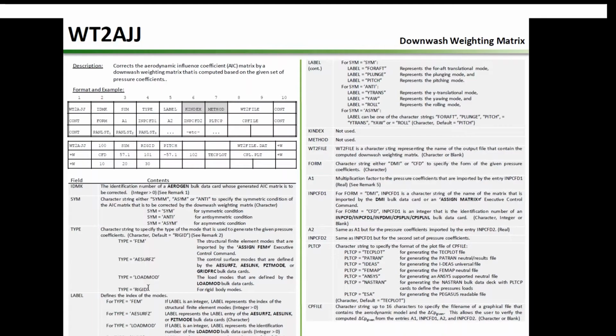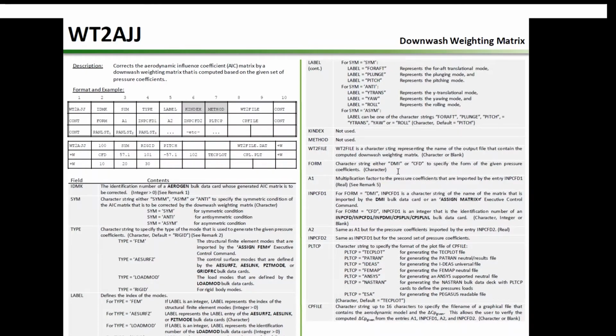And this one defines a displacement vector. And you have thin, A sub Z, low mark, and rigid. Just like that WT1 AJJ, this one defines a displacement vector. And the WT2 file allows you to output the WT2 matrix.